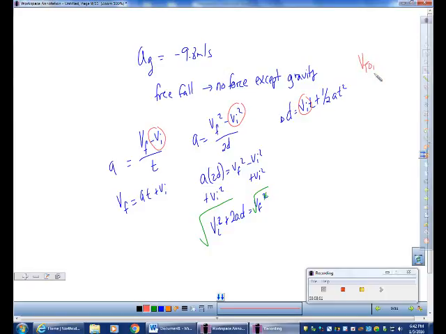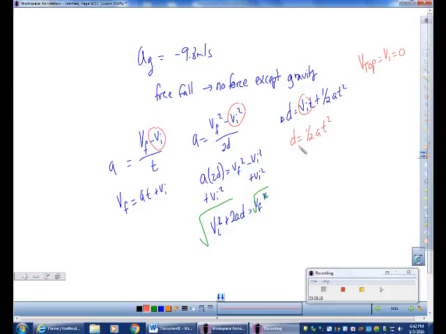If we start at the top and fall down, the initial velocity is 0. Acceleration is still negative 9.8, but at the top the initial velocity is 0. So we can simplify this one to 1/2 a t squared, because 0 times anything is 0.